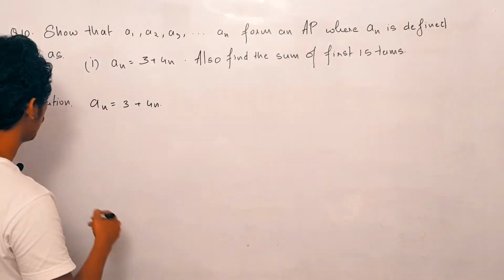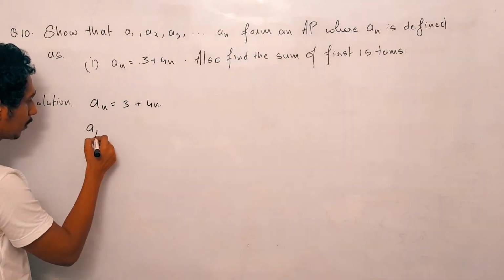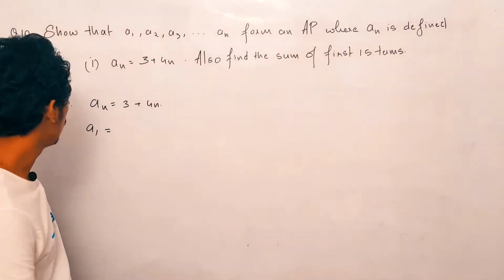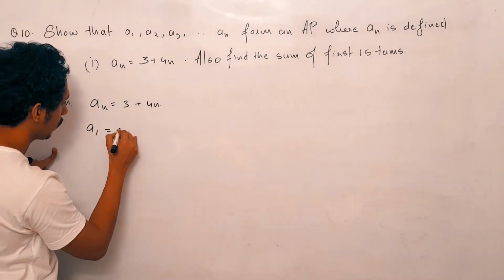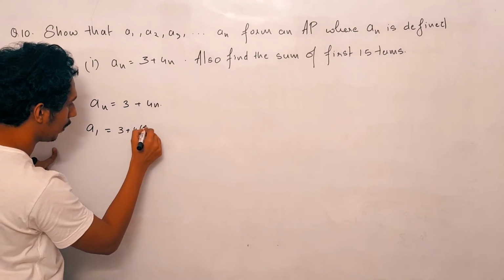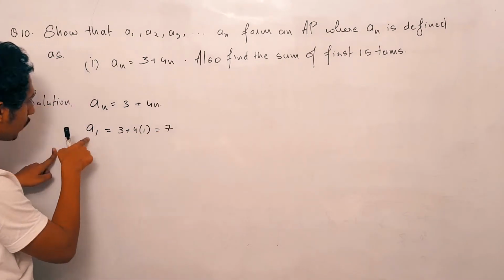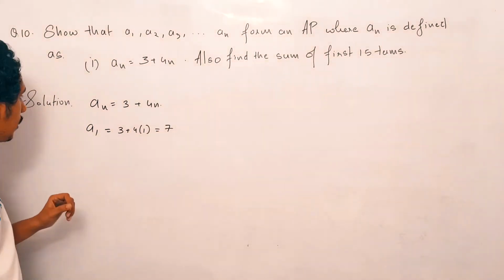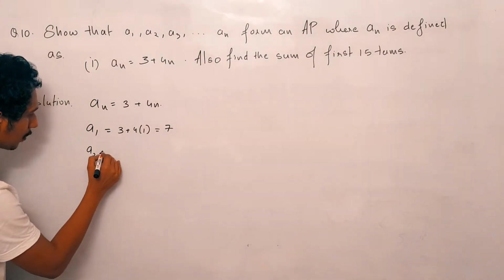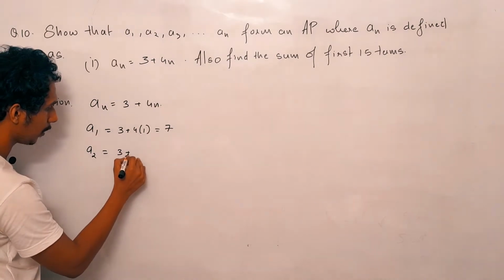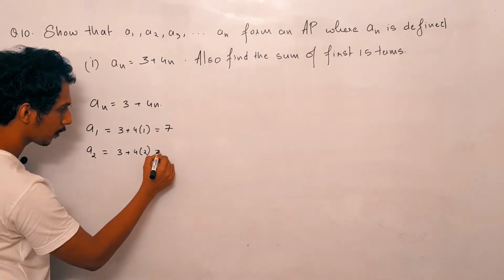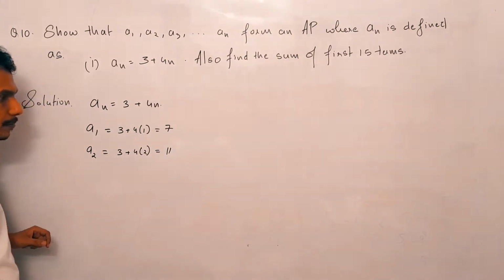Okay, that's fine. Tell me what is a1, what will be the first term? Whatever value you put for n is going to come here, no? So that will be 3 plus 4 into 1. So a1 will be 7. Now look at what is a2. For the value of n, you put 2 here, so that will be 3 plus 4 into 2. The answer will be 11.